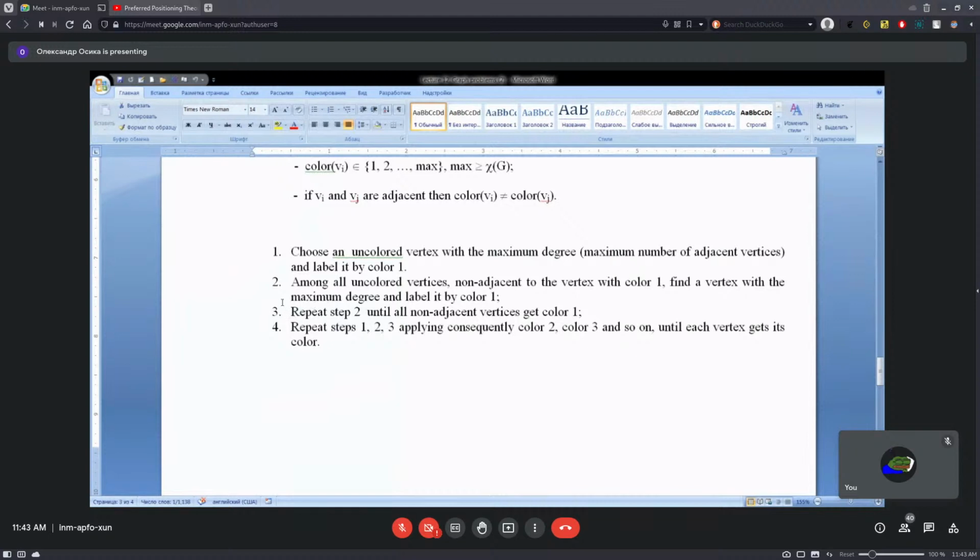After that, repeat step 2 to get color 1. In other words, we are trying to apply the same color as long as it is possible. But after that, when all the non-adjacent vertices get color 1, we have to move to step 4: repeat steps 1 to 3, applying colors consequently.